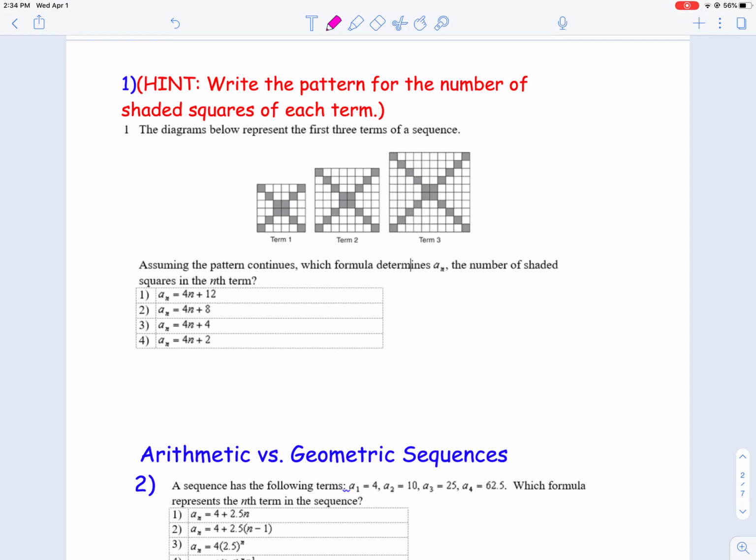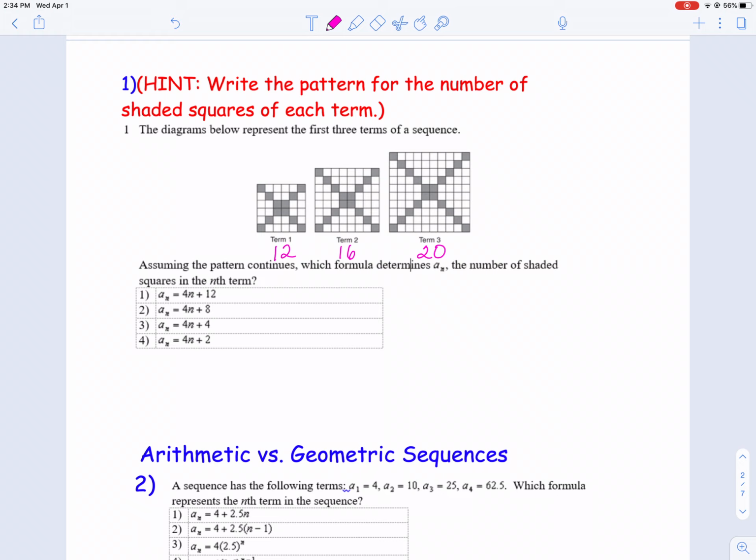So in this one, they're talking about the shaded squares of each term. So when you start to go through and actually count the number that are shaded, in the first term, there's 12. The second term is 16, and the fourth term is 20.